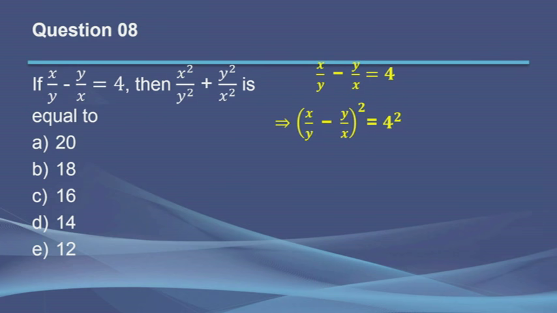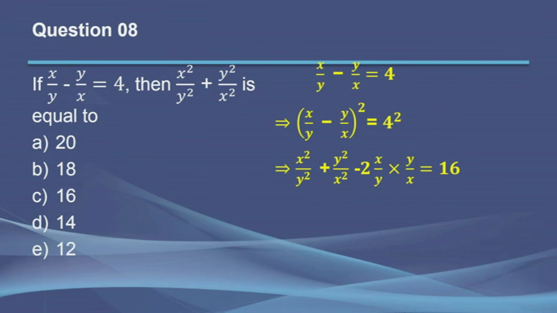So what you do is take the square of both sides. If you simplify it, you will end up with x squared divided by y squared plus y squared divided by x squared minus 2 times x divided by y multiplied by y divided by x equals 16. Here you can see you have already come across what you are required to solve, that is x squared divided by y squared plus y squared divided by x squared.